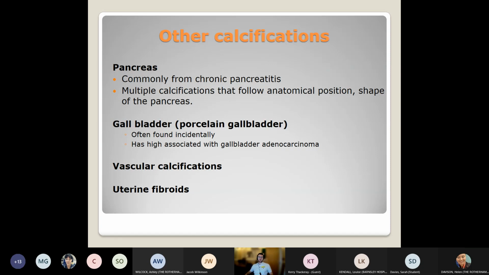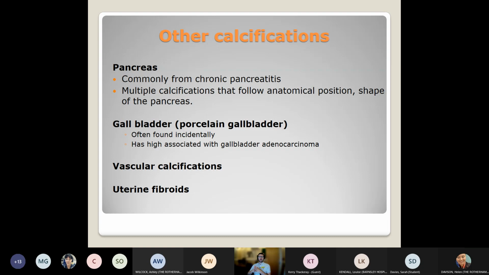In conditions such as chronic pancreatitis, you can get calcifications of the pancreas, and they'll actually follow the shape of the pancreas. So it'd be quite obvious that that's what it is. Very occasionally, you can get calcifications of the gallbladder wall.